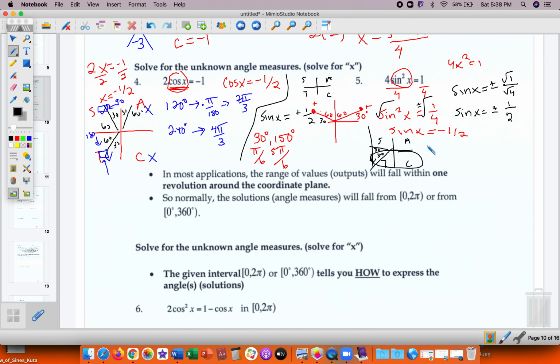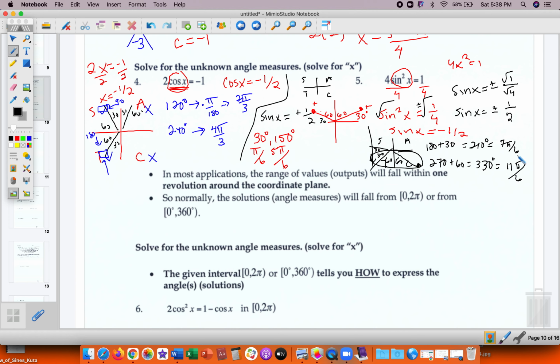So we know that 180 plus our 30 degree sliver will get us 210 degrees, which is the same as 7 pi over 6. And if we do a reflection right here, we know this is 60, so we'd have 270 plus 60, which would get us 330 degrees, which is 11 pi over 6 in radians.